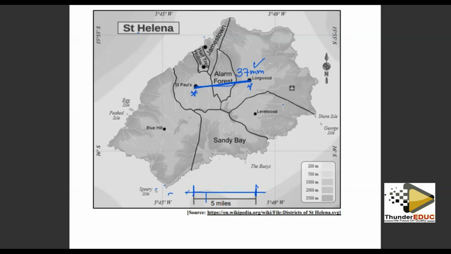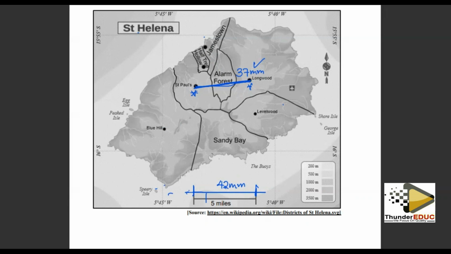First I measure the distance, then I measure the scale. When I measure this, I end up having 42 millimeters. Yours might be a little different. Might be 40, 41, 43. It's fine. You understand why we are using different rulers.